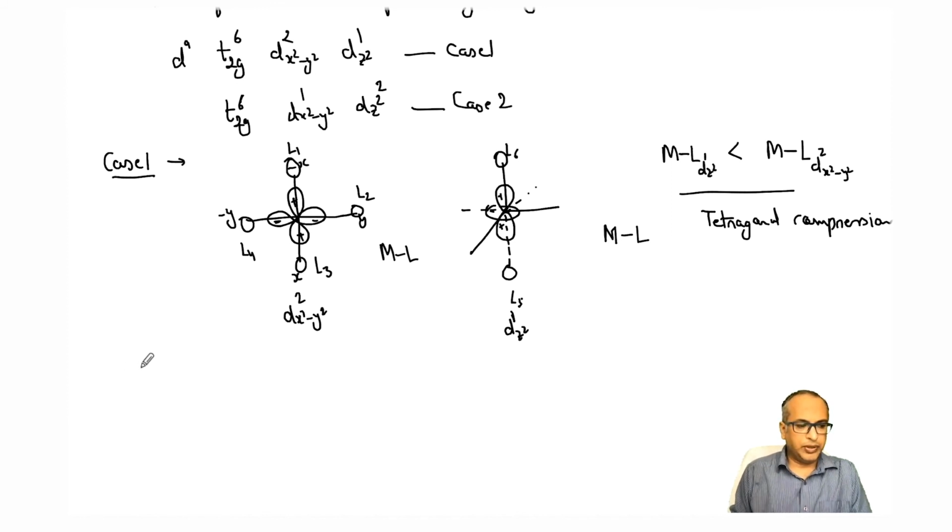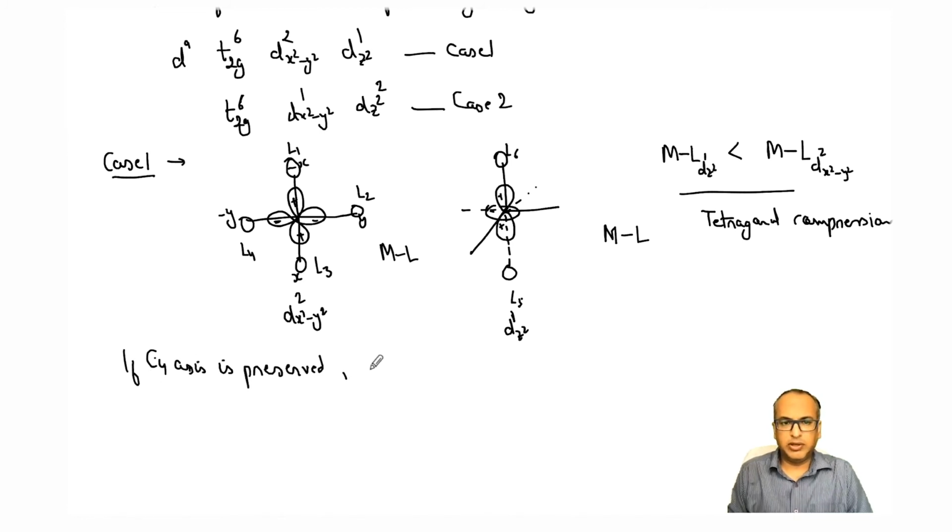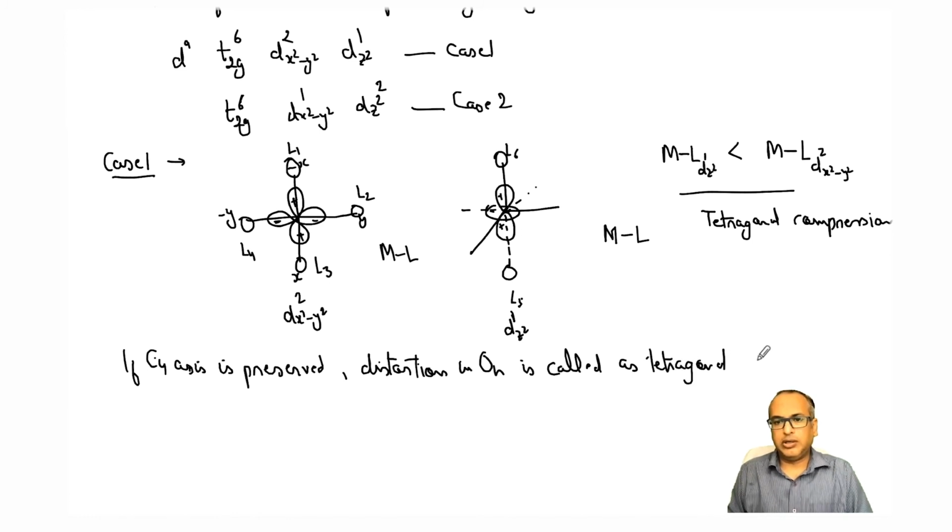So we can say if the C4 axis is preserved, distortion in Oh is called tetragonal distortion. Now it can be a compression or tetragonal elongation based on which orbital is more filled as compared to the other. Now if you consider case 2, the reverse will happen here and you will call this tetragonal elongation.